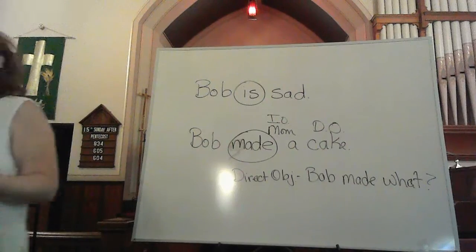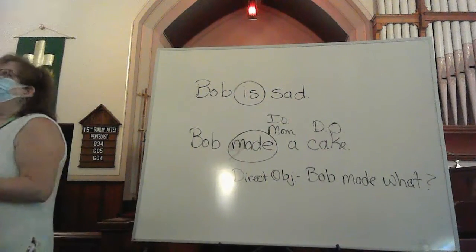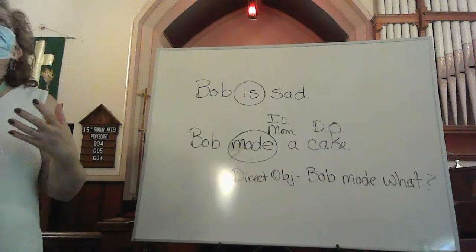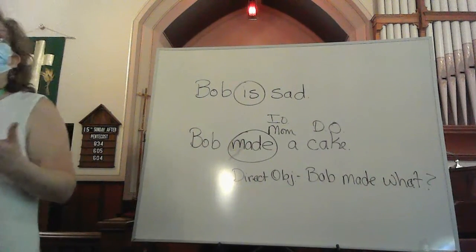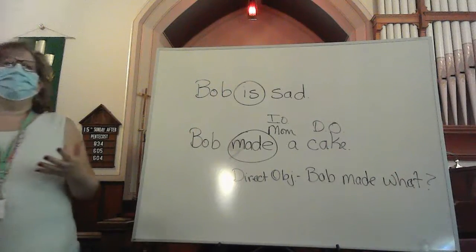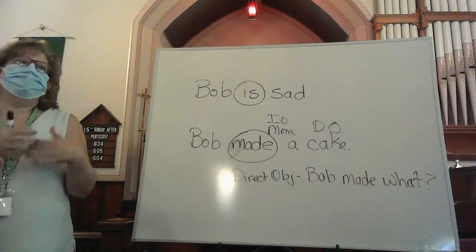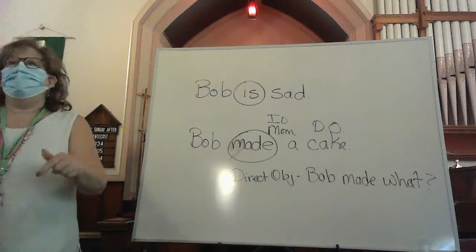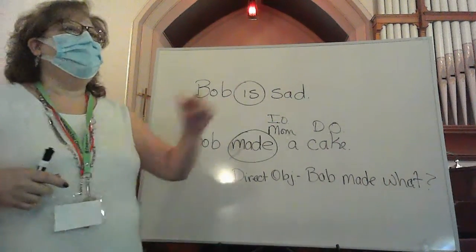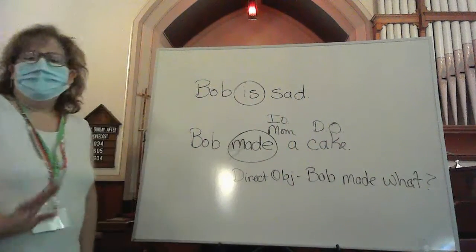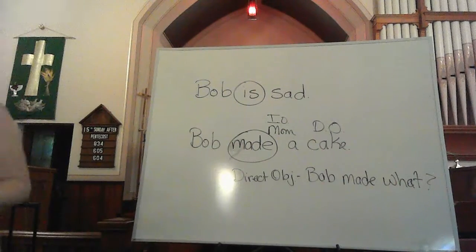So don't ever, well, I don't want to say that because the English language can mess us up. I would say rarely, if almost never, is the direct object going to be the person. If there is a person in there that's getting something, that's going to be the indirect object. The thing at the end of the sentence is going to be the direct object. So just remember that.